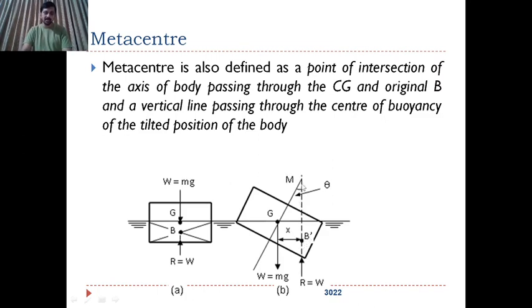So a vertical line passes through that. These two lines, the axis of the original body and the vertical line passing through the new center of buoyancy, their point of intersection is termed the metacenter, denoted by M.